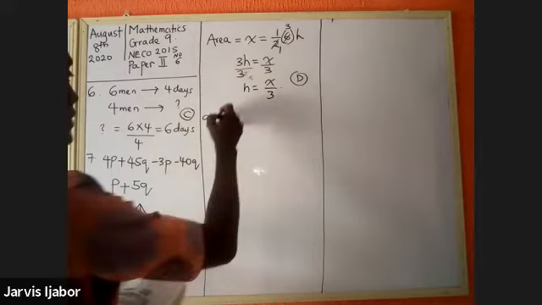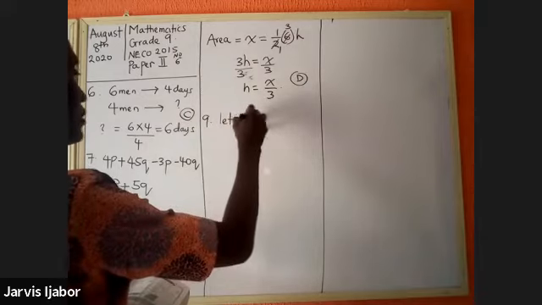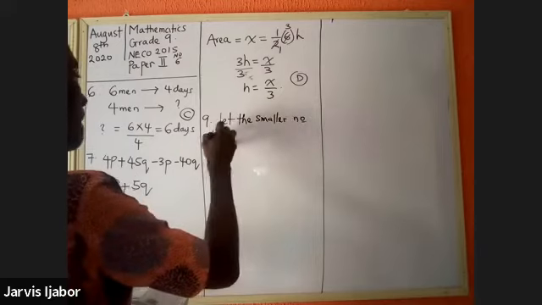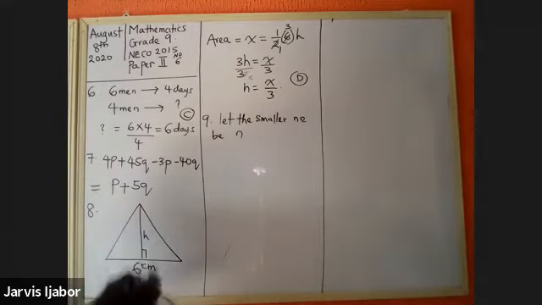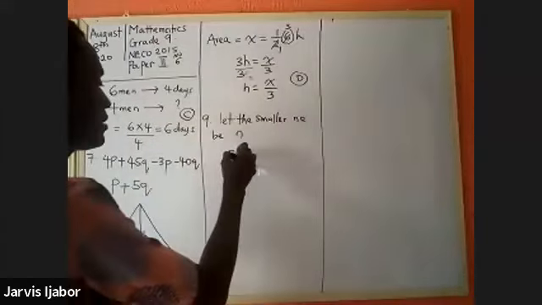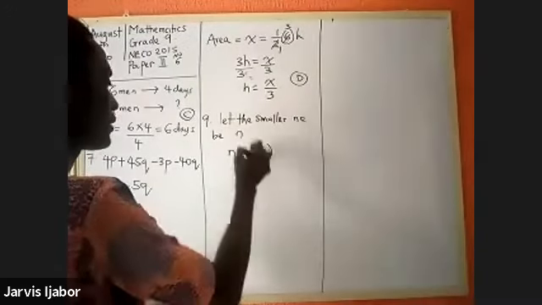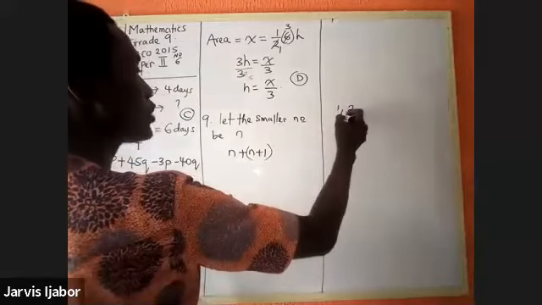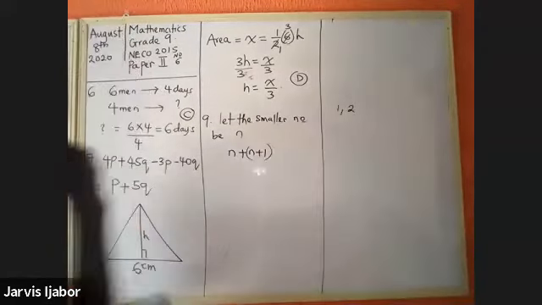N. So let the smaller number be n. So if it's consecutive number, it's going to be n plus 1. That is it. If you look at 1 going to 2, you need to add 1 to 1 to get to what? 2.